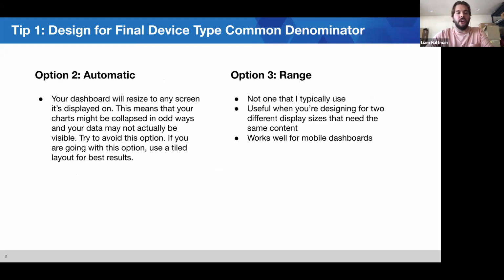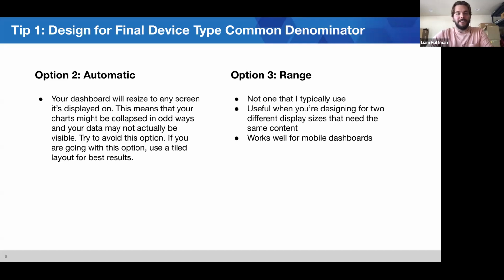The other 2 options are automatic and range. These are used a little less frequently, I think. Automatic will just resize it automatically depending on what screen it's displayed on. Generally, you want to avoid this option because Tableau is deciding how to lay out your dashboard, so it may not be laid out the way you want. We always avoid tiled dashboards for that reason.